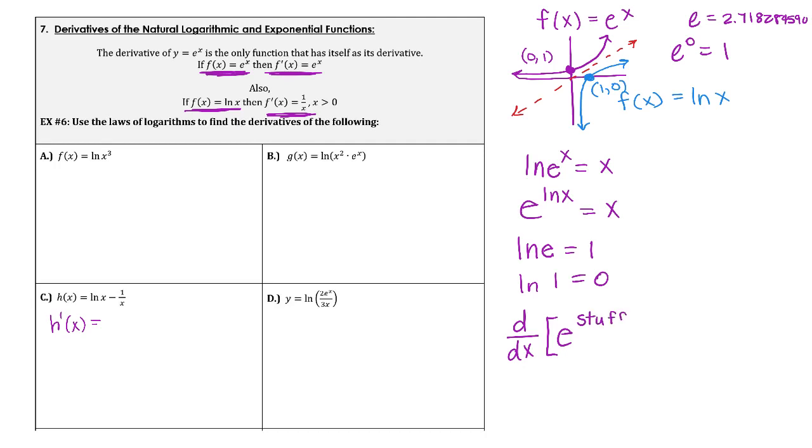And y'all, if you learn it going this direction, when we undo it, it's going to be super easy. The derivative of e to the stuff is going to be stuff prime. In other words, the derivative of the stuff times e to the stuff.